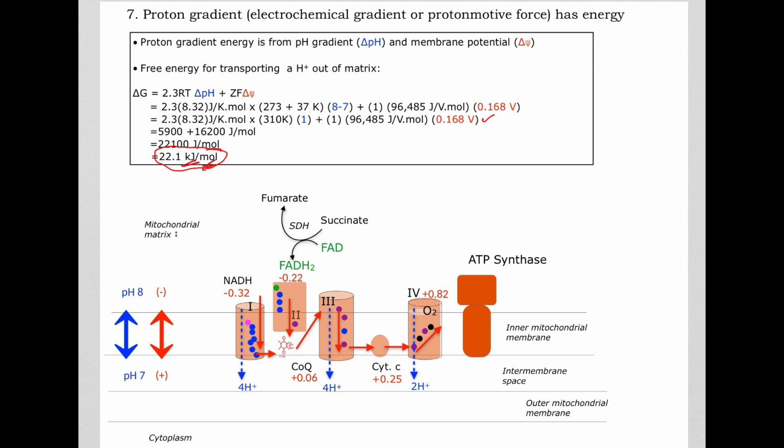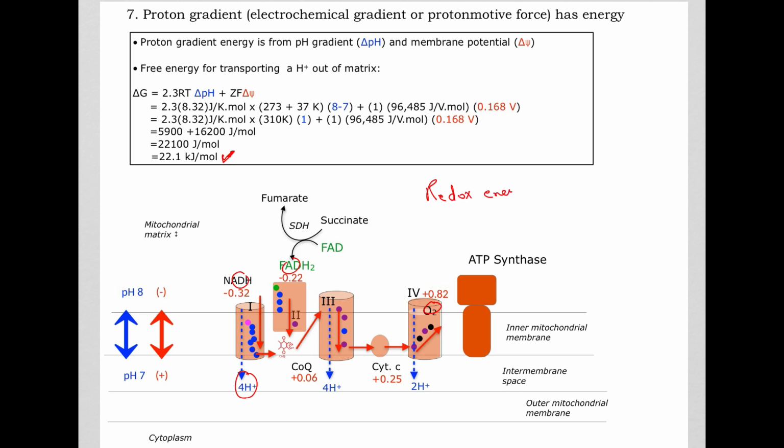So pumping of a proton out of the matrix requires about 22 kilojoules of energy. And this energy that is required for pumping protons out came from the redox energy. As electrons were transferred from NADH to FADH2 to oxygen, that gives off a lot of redox energy.